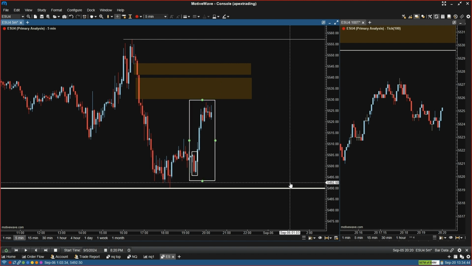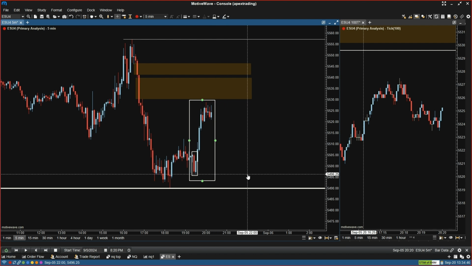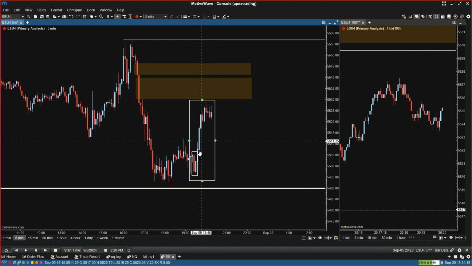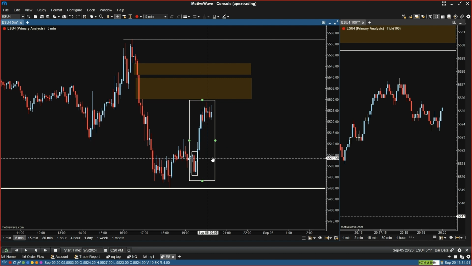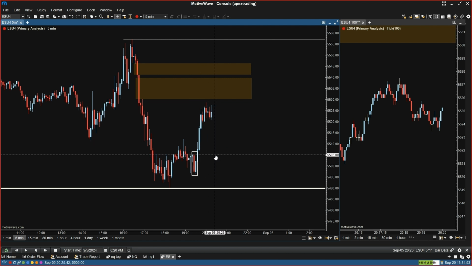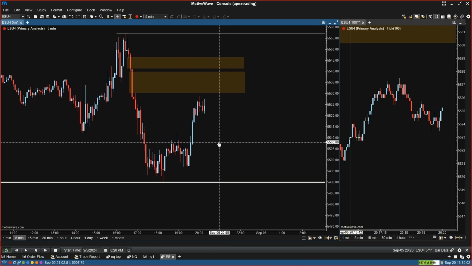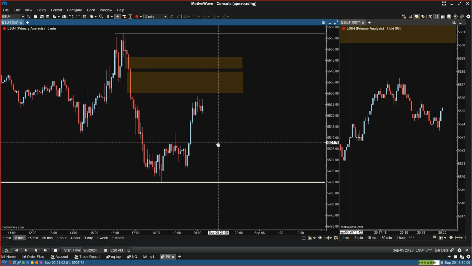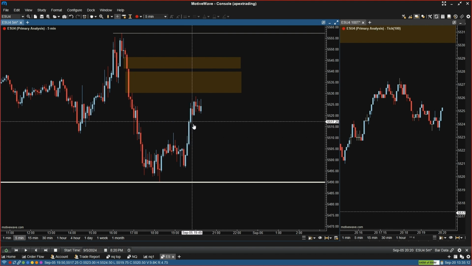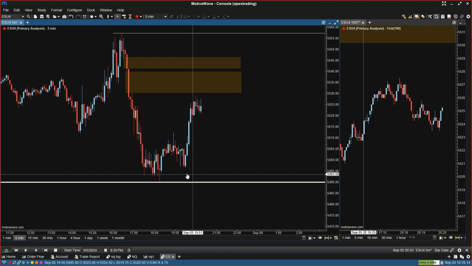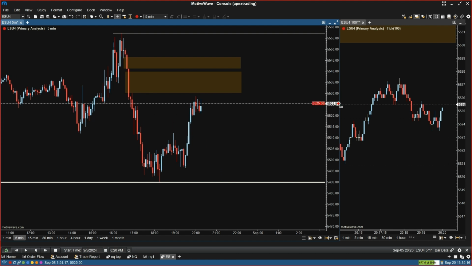So it's very important to take this into consideration that we are having a displacement on the 5 minute time frame, meaning we have momentum here. So with that in mind, I'm thinking, okay, I'm gonna short, I'm gonna go a lower time frame, but I'm gonna be careful because there's still momentum on the bullish side of things.